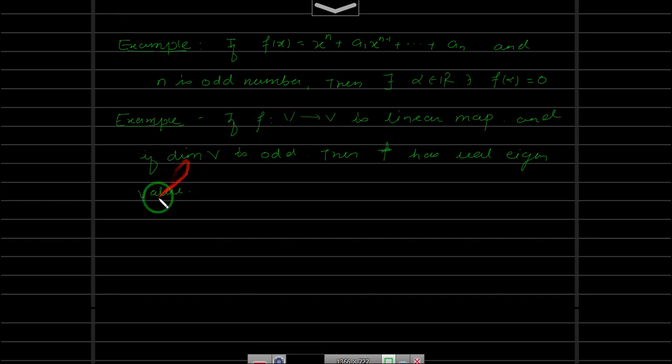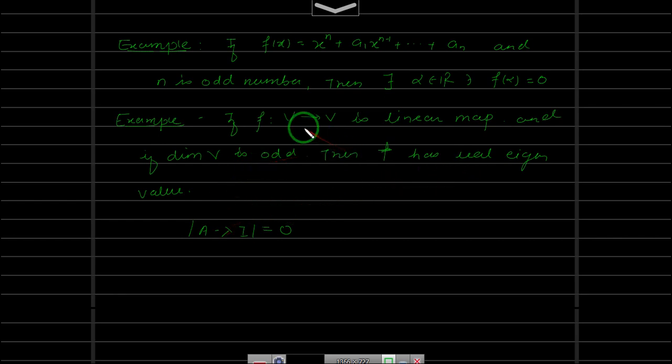Now what happens here is the dimension of V is odd. If you want to go for the real eigenvalues, we find the determinant of A minus lambda I, put this equal to 0, and find the values of lambda. Those values of lambda are called the eigenvalues.